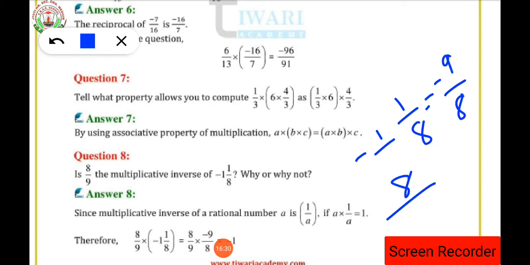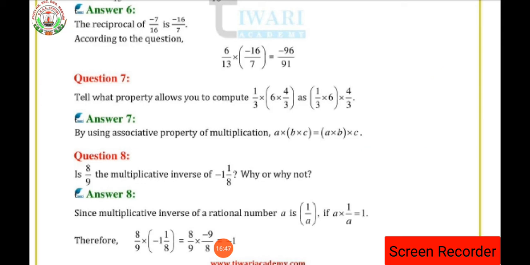So when 8 upon 9 is multiplied with minus 9 upon 8, we will get the answer as minus 1. Okay, so here we are getting the answer as minus 1.